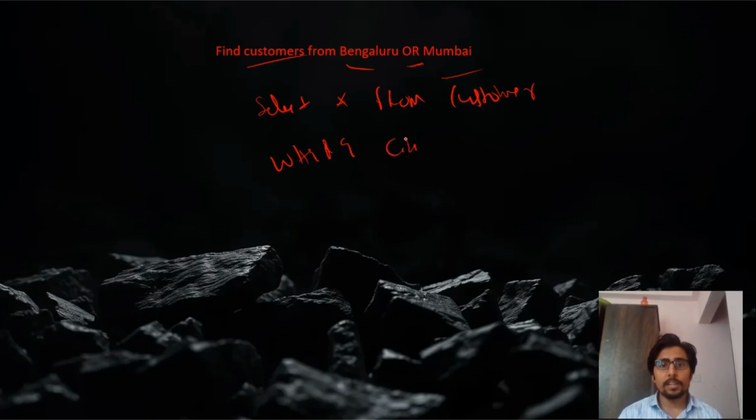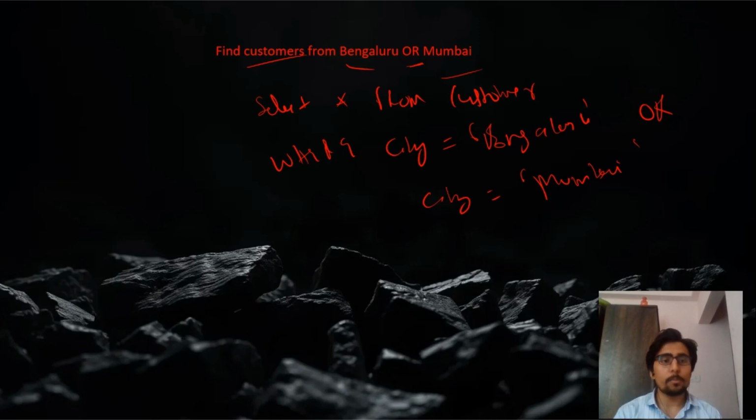So where city is either Bengaluru or city is Mumbai. So it will return either. I mean, even if it is Mumbai and not Bengaluru, it will still return the result, right?